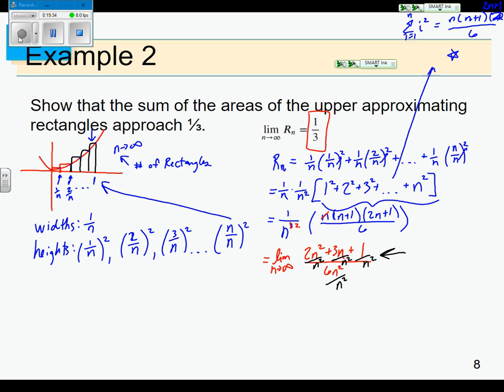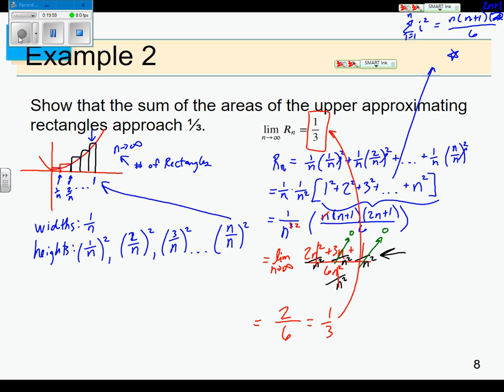If I have 1 divided by something that is incredibly large squared, it goes to 0. Same thing here. And it leaves me with just taking the limit of 2 over 6, because the n squareds cancel here. And lo and behold, as my Calc 3 professor would say, we get 1/3.